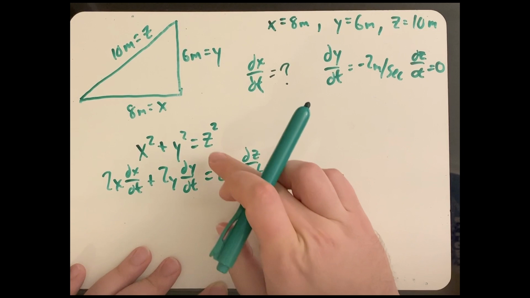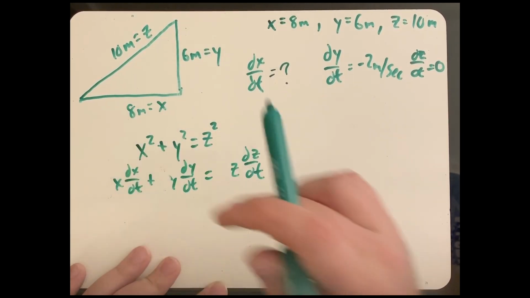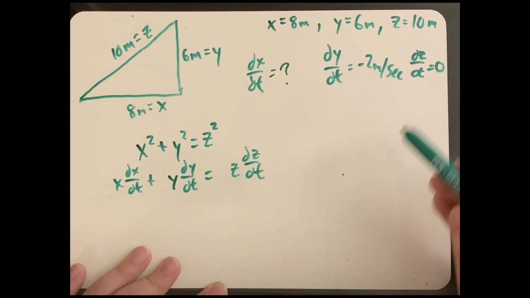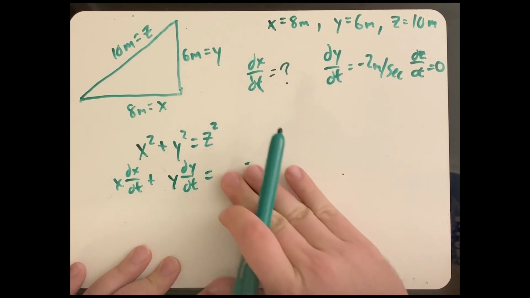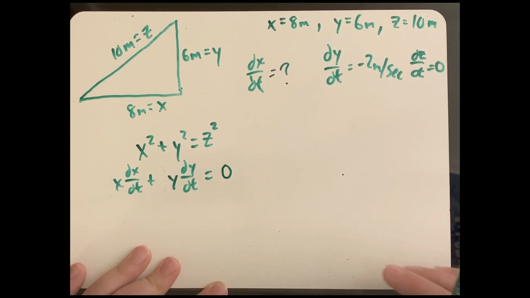All right, so I have a 2 in every term, so I can cancel those out. And then I am stuck with this. So since we know that our dz dt goes to 0, we can get this out of here. And that is equal to 0. Okay, and then we can start plugging in.